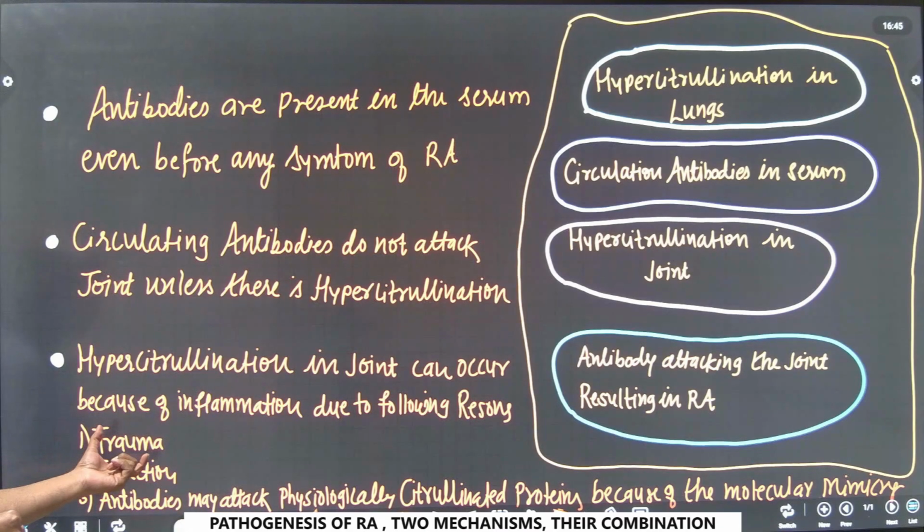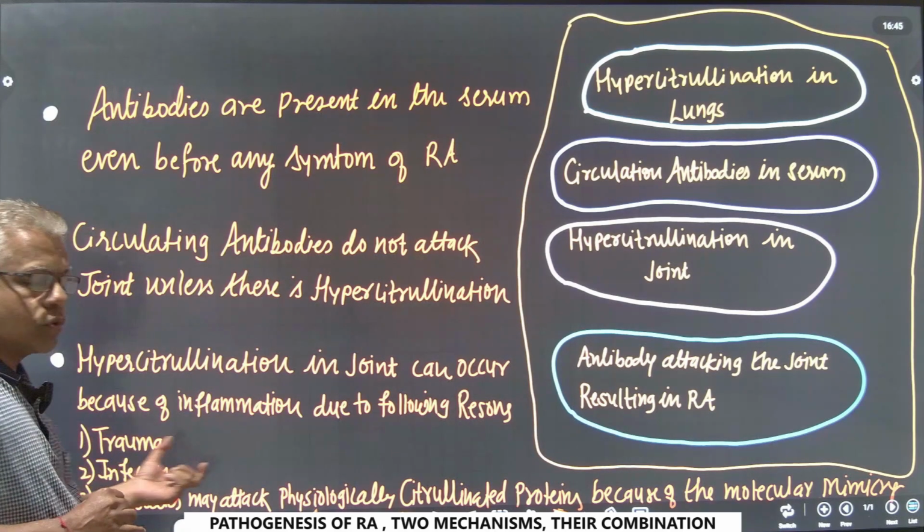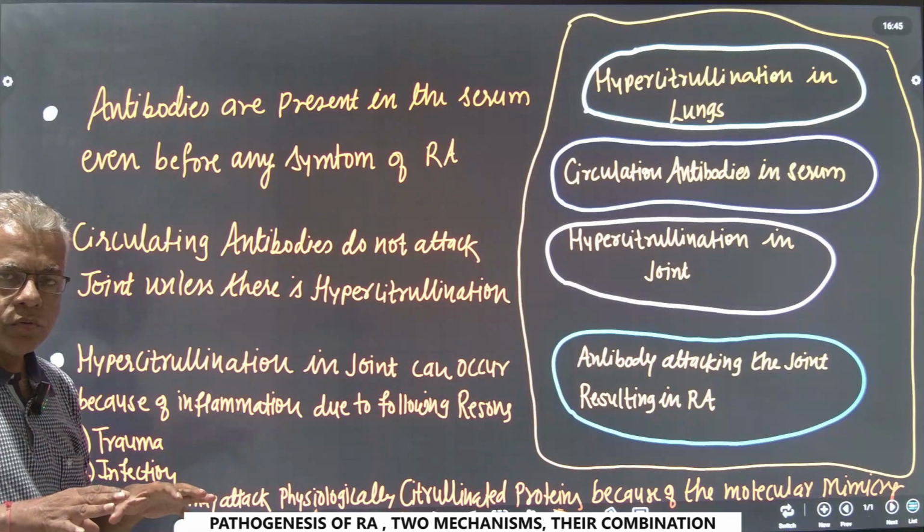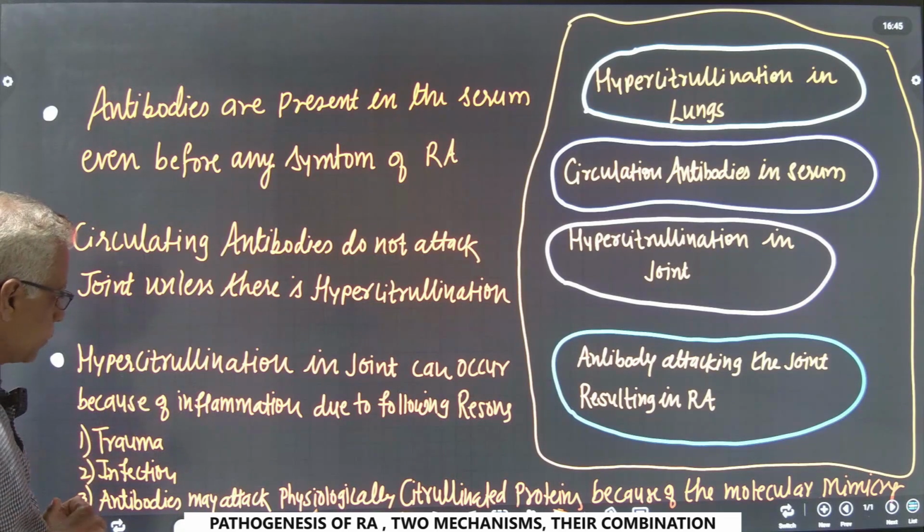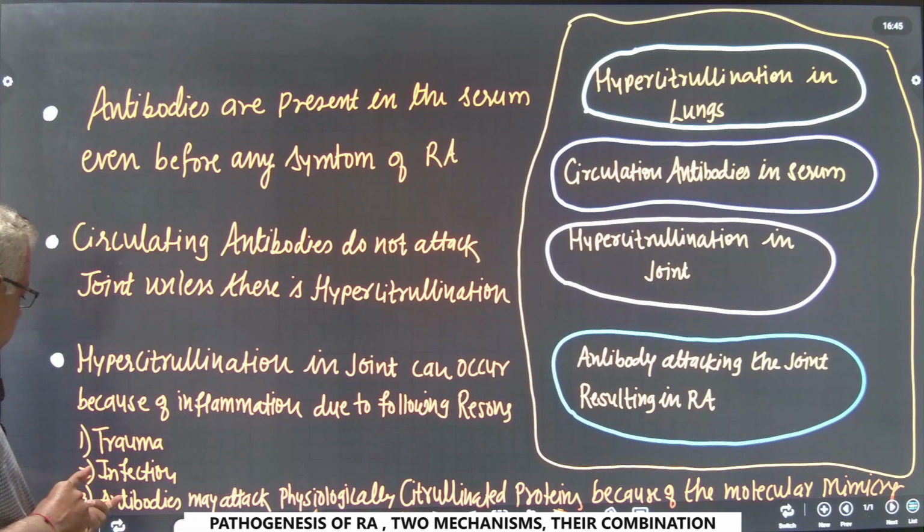There could be a trauma to the joint, there could be infection of the joint. As far as this trauma and infection are concerned, it is there in the first mechanism. Okay, so this trauma to the joint and infection to the joint is according to the first mechanism we have seen with rheumatoid arthritis.